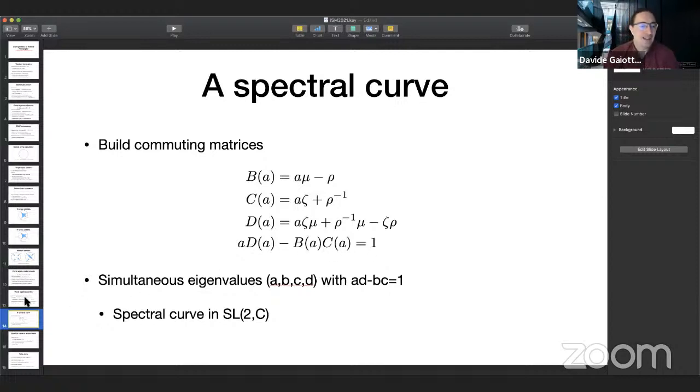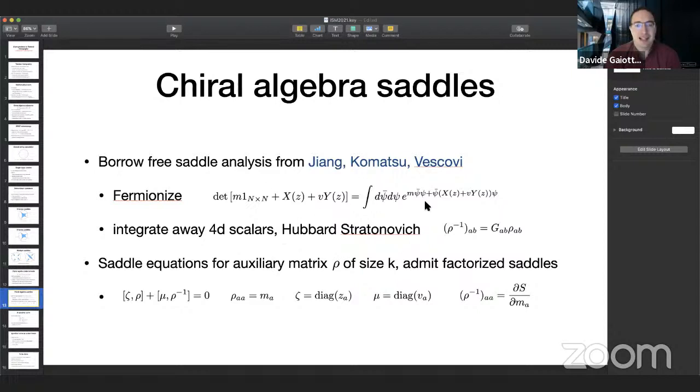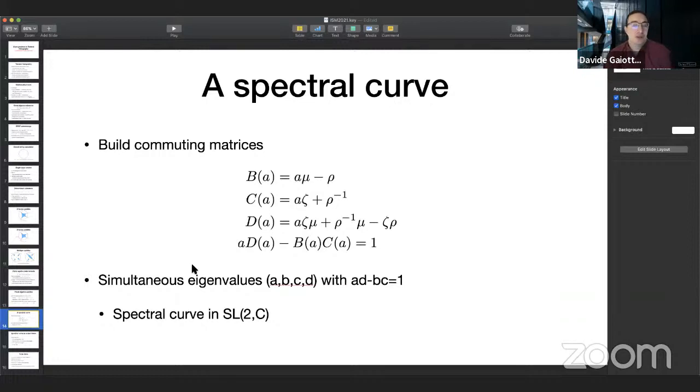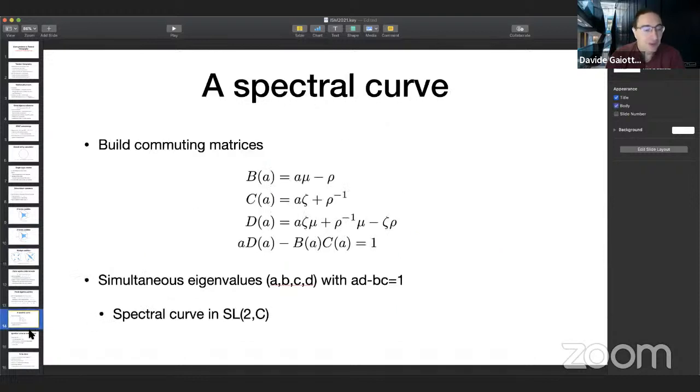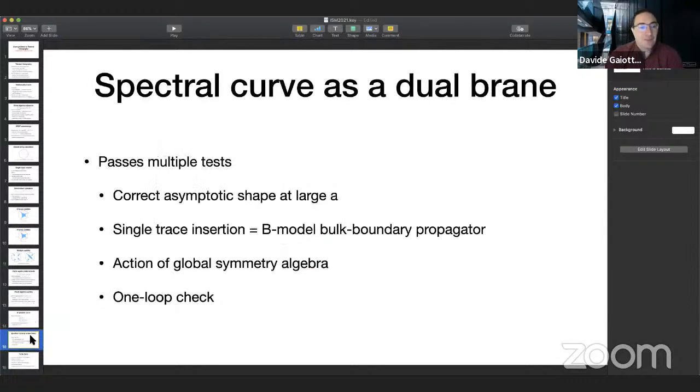So out of a saddle in the chiral algebra, the quantum field theory, we get the equation for a holomorphic curve in SL2C. And SL2C, remember, was the holographic dual of the chiral algebra. So you immediately get a possible candidate for the holomorphic curve which describes the various saddles. And so we conjecture that this is indeed the holographic dual curve, and then we check it in various ways.